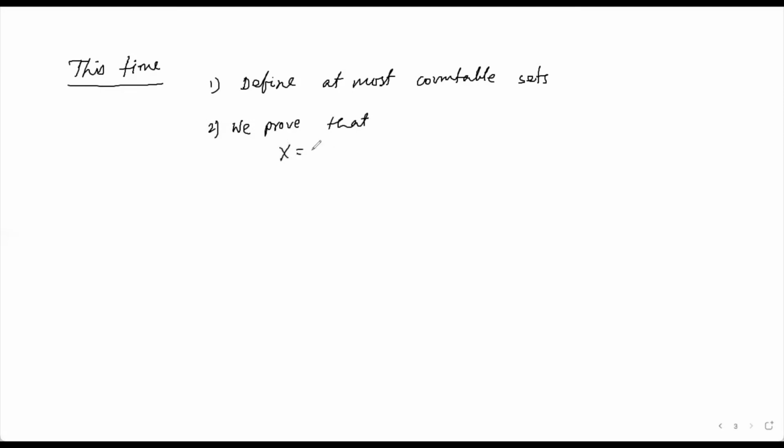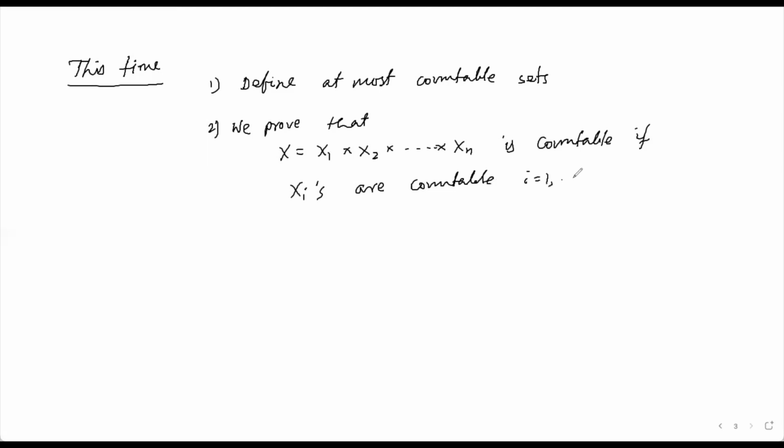So if X equals X1 Cartesian product X2 and so on Cartesian product Xn, this finite Cartesian product is countable if the Xi's are countable for i equal to 1 and so on to n.